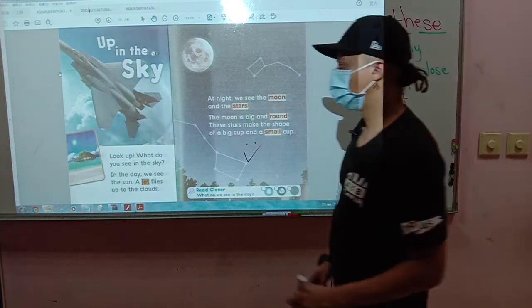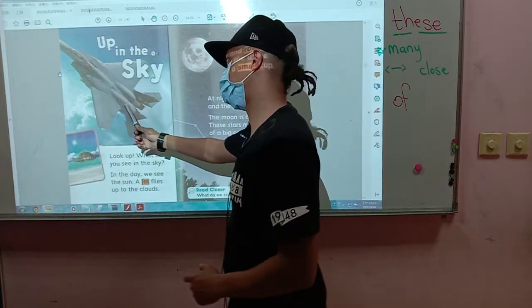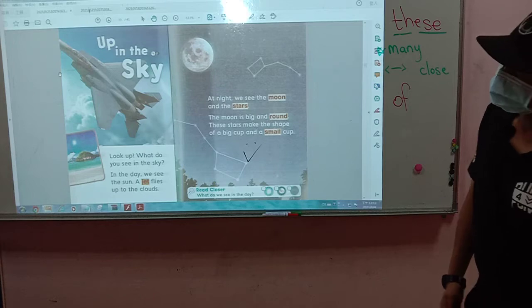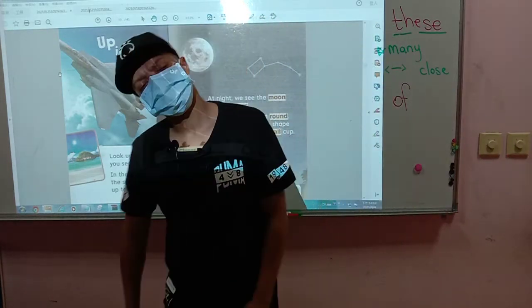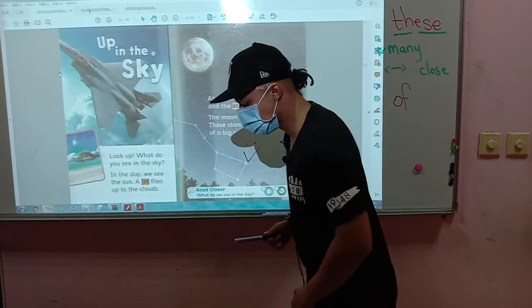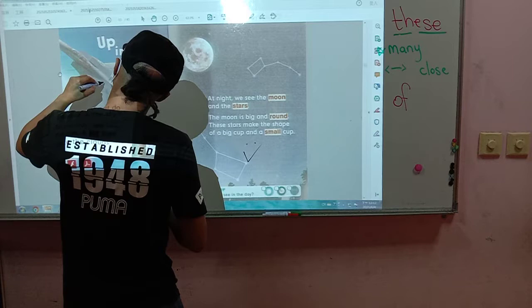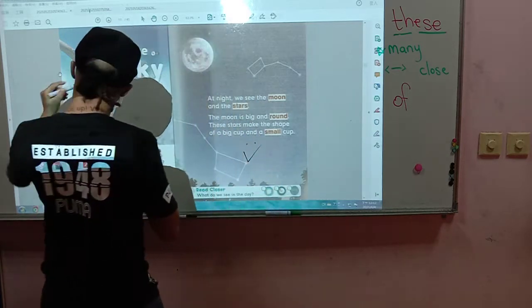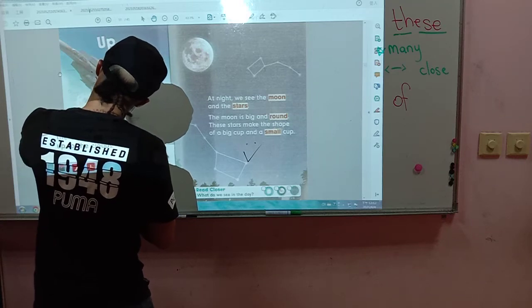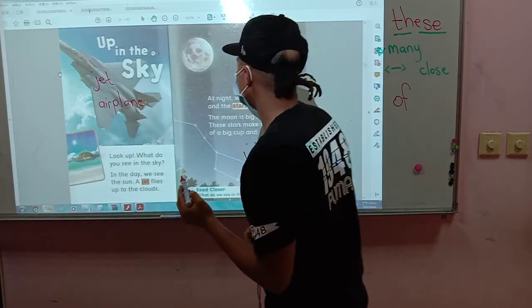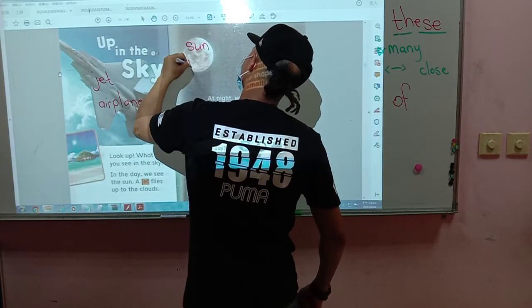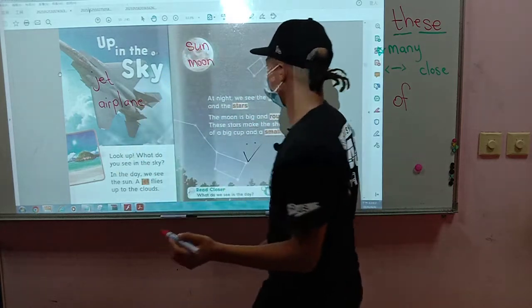Can you tell me, what is this? What is that? Is it an airplane or is it a jet? Okay, so let me put the question up here. So is it a jet or an airplane? All right, over here. Is this the sun or is it the moon?